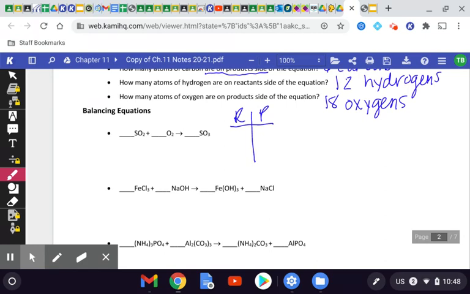So on my reactant side, I have 1 sulfur, and then I have 2 plus 2 for a total of 4 oxygens. On my product side, I have 1 sulfur and 3 oxygens. So in looking at this, my sulfurs match, but my oxygens don't.